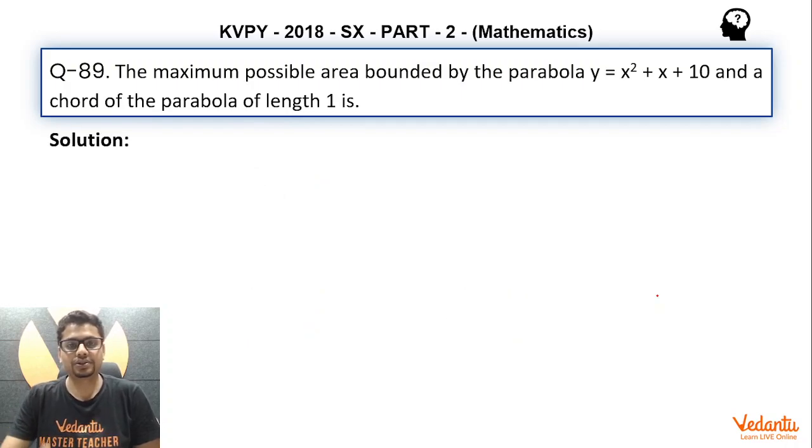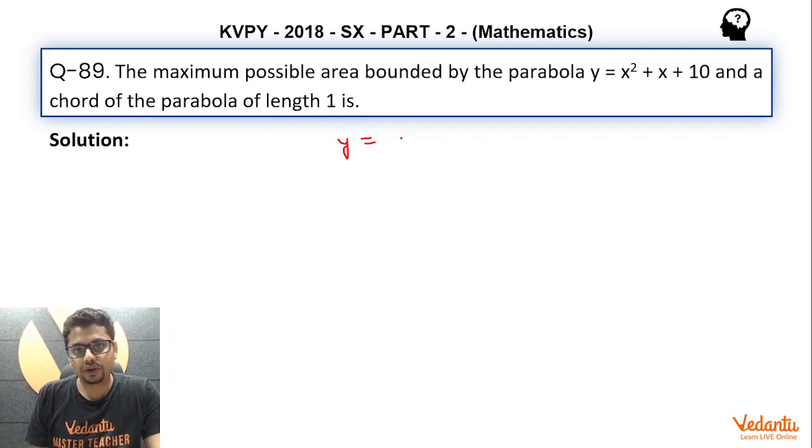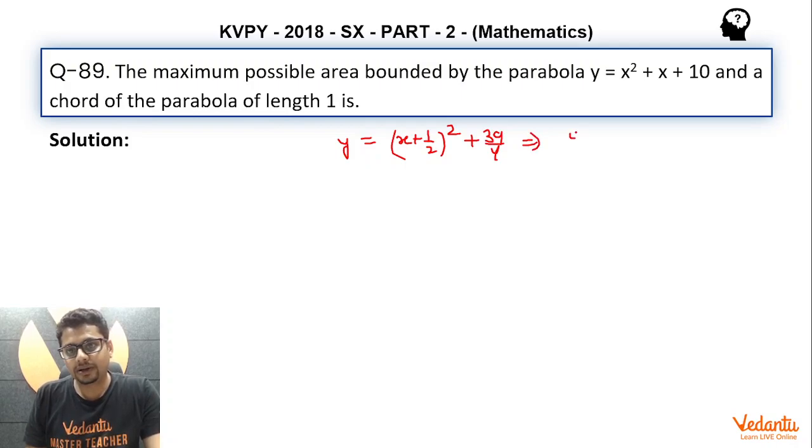Let's explore this question. So here y equal to x plus half whole square plus 10 minus 1 by 4, which essentially is plus 39 by 4. So this essentially becomes y minus 39 by 4 is equal to x plus half whole square.